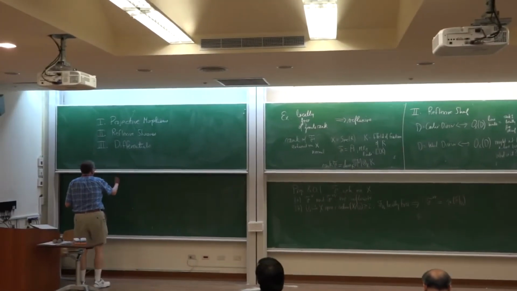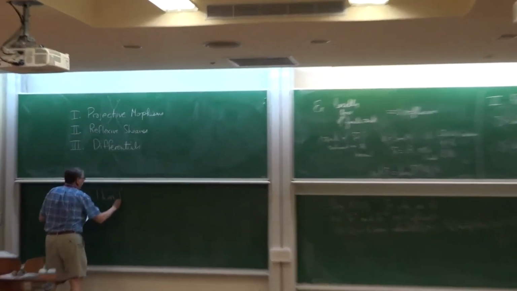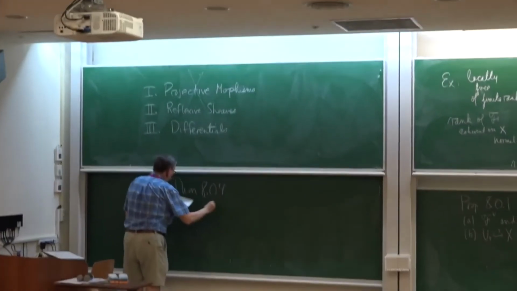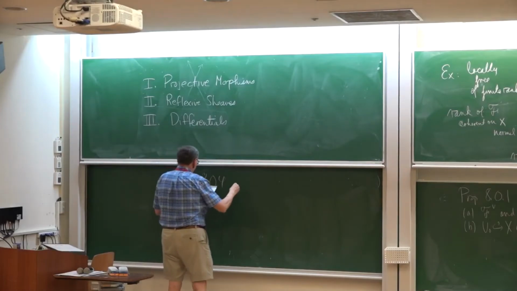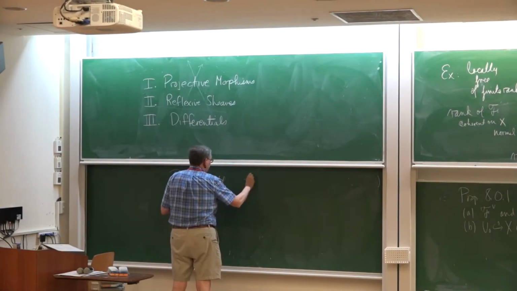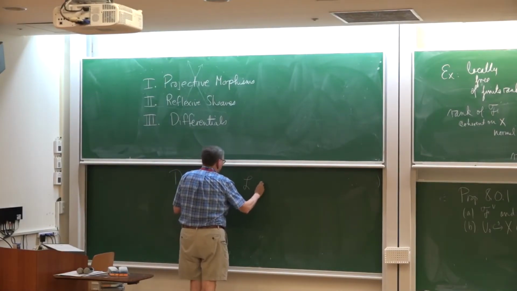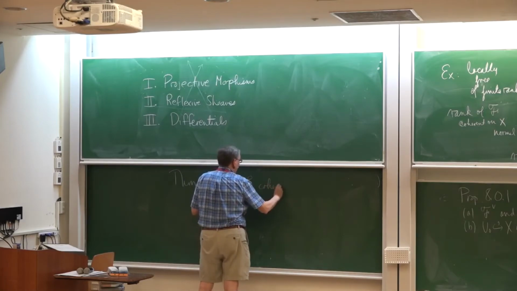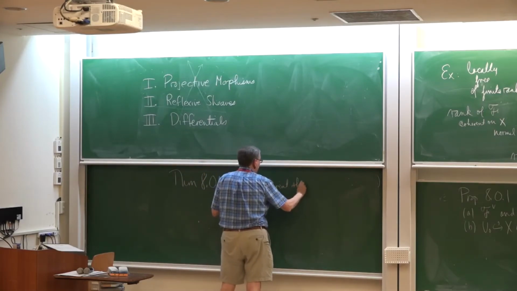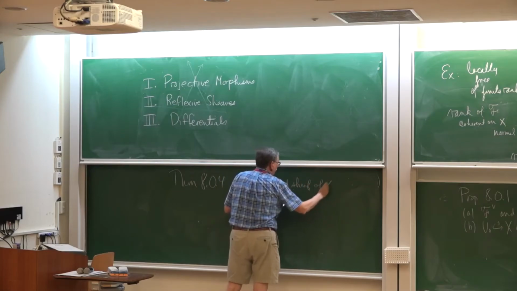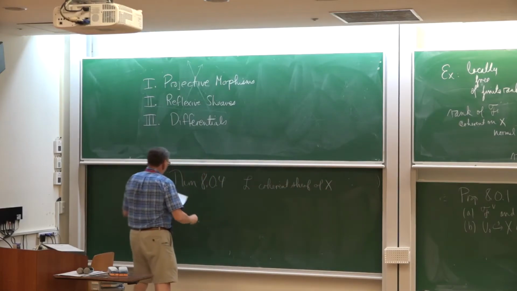This is Theorem 8.0.4. Let L be a coherent sheaf on X, and X is our usual normal variety.